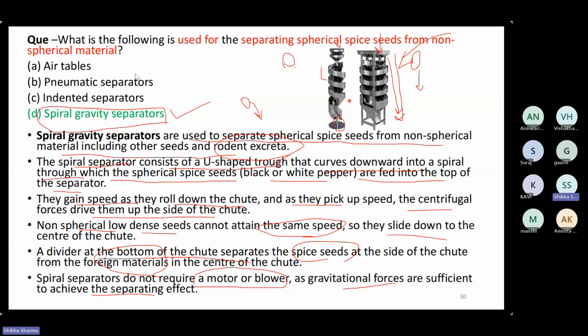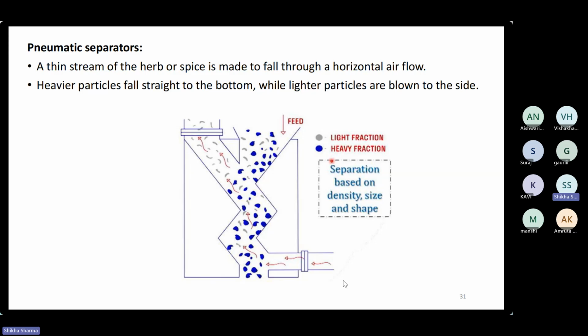And let's see what a pneumatic separator is, because we have not discussed it. Pneumatic separators use air from the bottom, and the feed we put from the top. A thin stream of the herbs or spice is made to fall through a horizontal air flow. From above the feed will come, and from below the air will come, and the lighter particles will flow with the air, and the heavier particles will fall at the bottom.